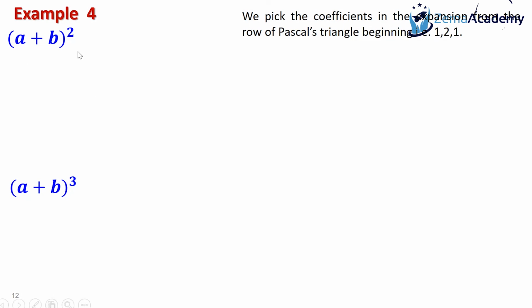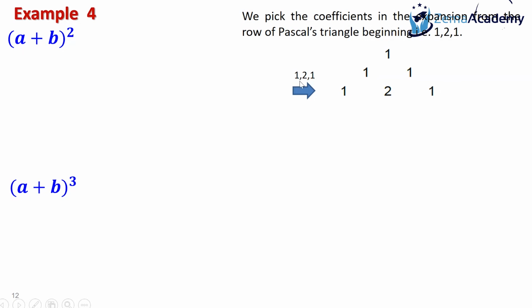So I need to build a Pascal triangle for (a + b) squared, which is just this. The top one remains as it is. For (a + b) to the power 1, the coefficients are 1, 1. For (a + b) squared, it is 1, then 1 plus 1, 2, so the middle term is 2 and the last term is 1.